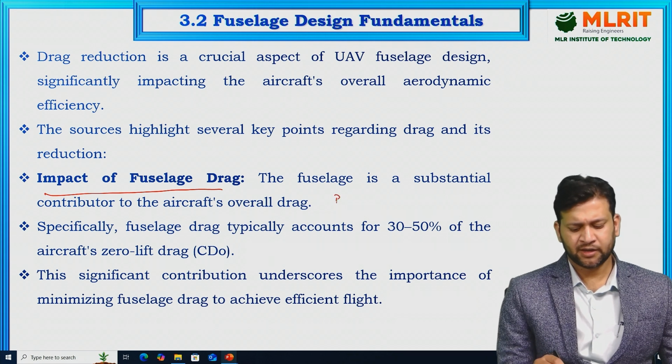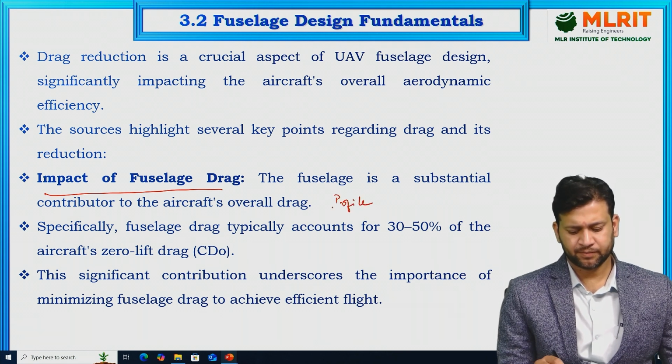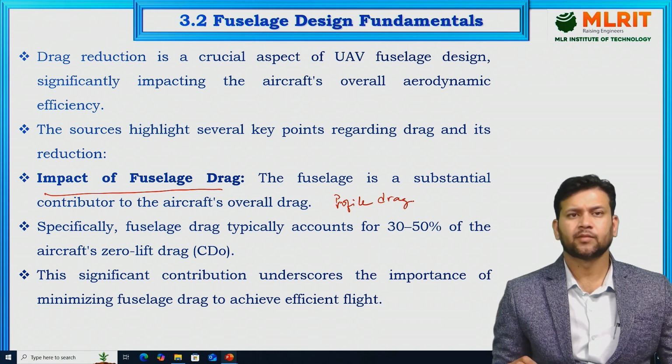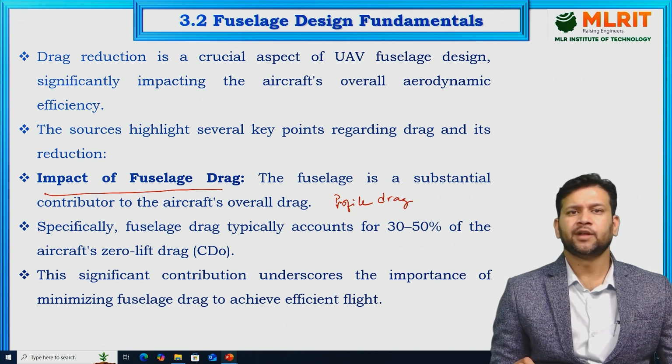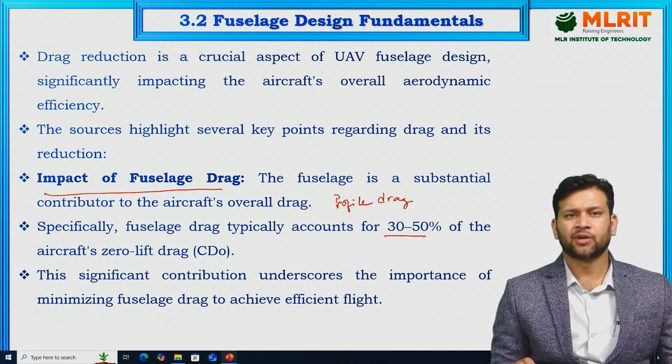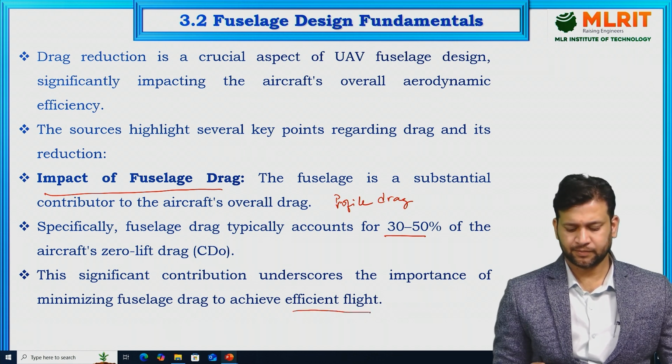Profile drag is one example of this. Specifically, fuselage drag typically accounts for 30 to 50% of the aircraft's zero lift drag, and this significant contribution underscores the importance of minimizing fuselage drag to achieve efficient flight.